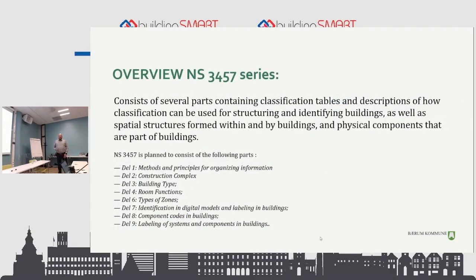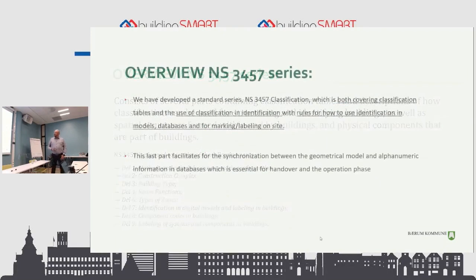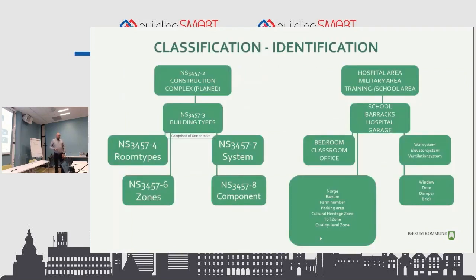The 3457 series is developed to cover classification and identifications. The hierarchy: 3457-2, that's a plan standard. It may be covered in 81346, but the construction complexes, that's hospital areas, army areas, training areas, so on.